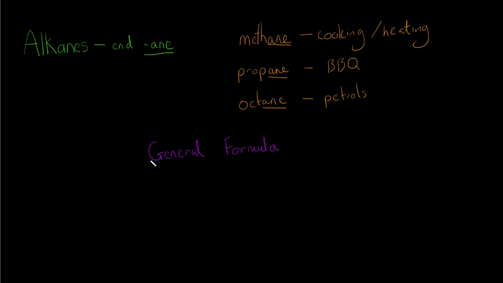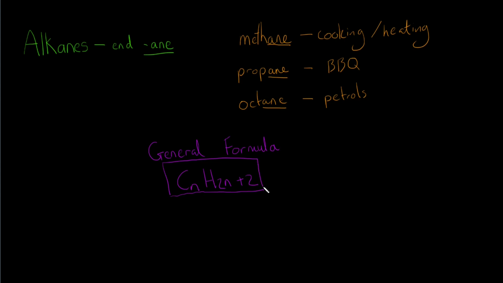We've not really talked about this general formula yet. What does that mean? What is a general formula? Well, the general formula for the alkane family is CnH2n plus 2.